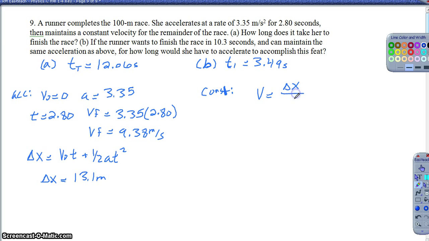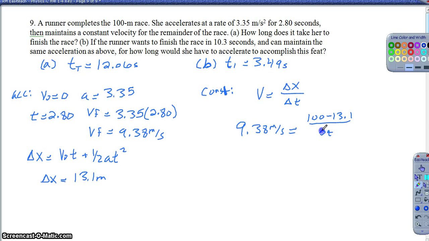For the constant velocity, the only equation I'm ever using is v equals delta x over t. The constant velocity is the same as her final velocity, so 9.38 meters per second. She goes a distance of 100 minus the 13.1, so 86.9, and the time is what we're looking for.